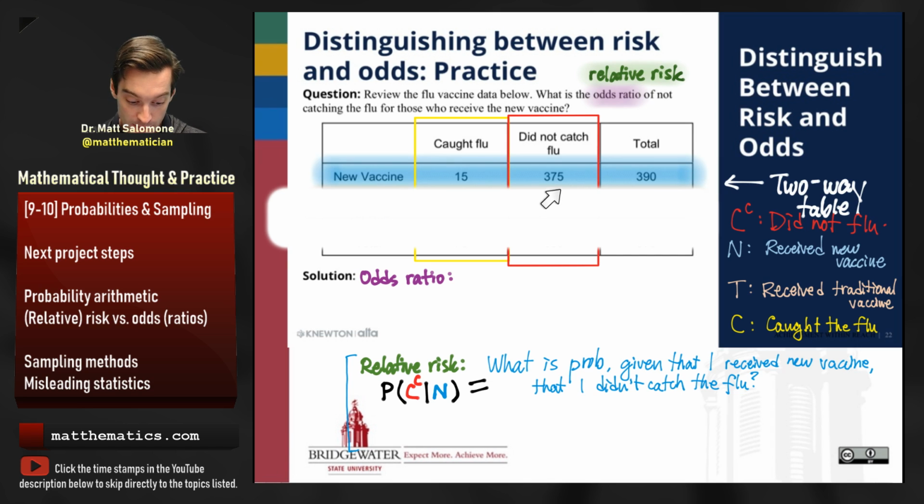To figure that out, as with any probability, I'm going to take the number of occurrences, 375, and divide it by the total, because we're doing a risk. 375 divided by 390.